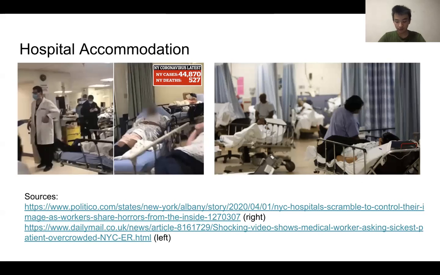So using this model, the COVID death tracking, which I think would be a really good indicator of the number of cases that would come in, hospitals can better prepare for a number of patients.